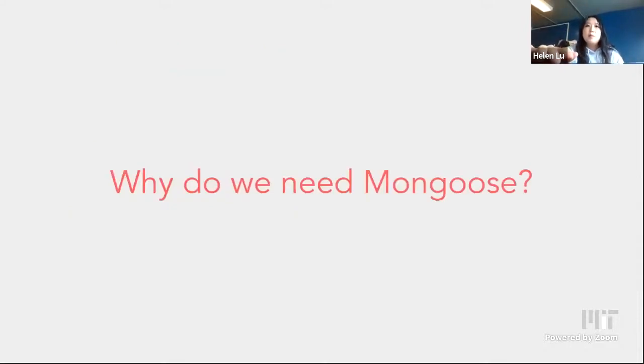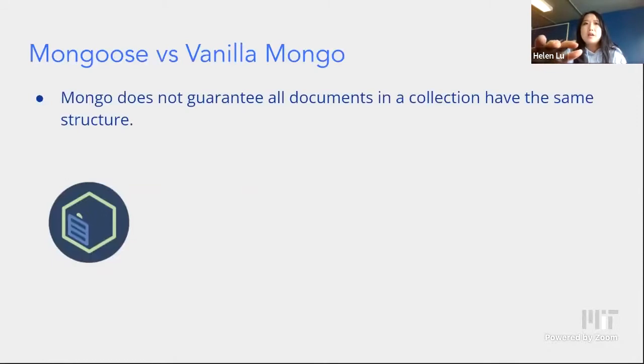But more than that, we need Mongoose because if we didn't have it, our databases would be quite messy. This is because Mongo doesn't guarantee that all documents in a collection have the same structure. What it means for all documents in a collection to have the same structure is that these documents must have the same fields, and these fields must have the same data type.